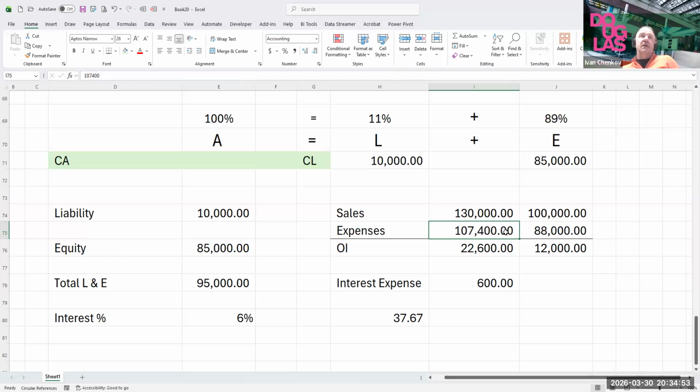So basically, if your business generates operating income of 10% and the cost of borrowing is 10%, you're not making anything. But if your business model generates 10% and the cost of borrowing is 4%, then it makes sense to borrow money from the bank. Why? Because with the income that you're generating, you have enough to cover your interest expense and you can enjoy your profit. That's the whole point of borrowing.